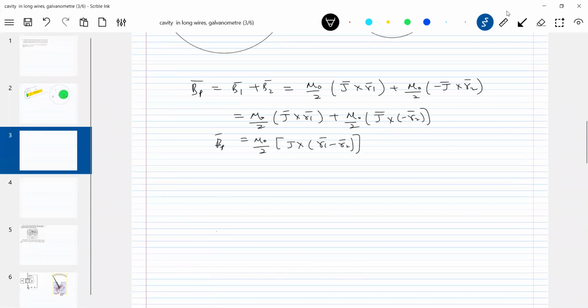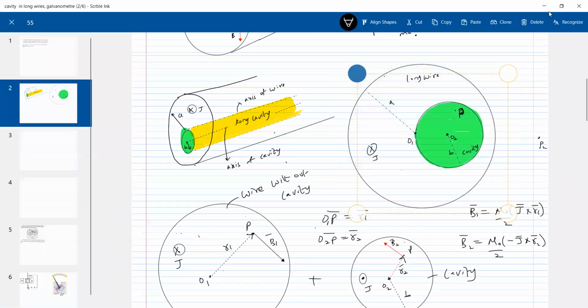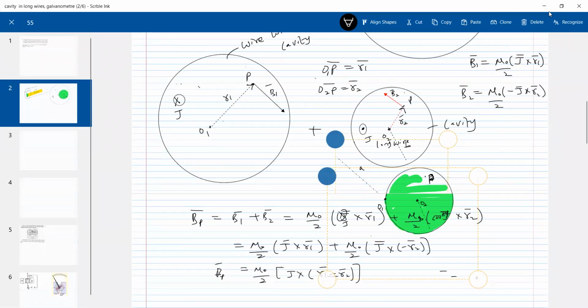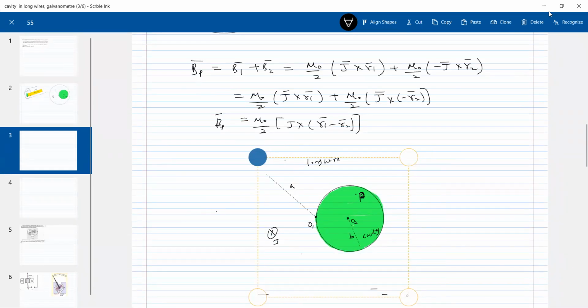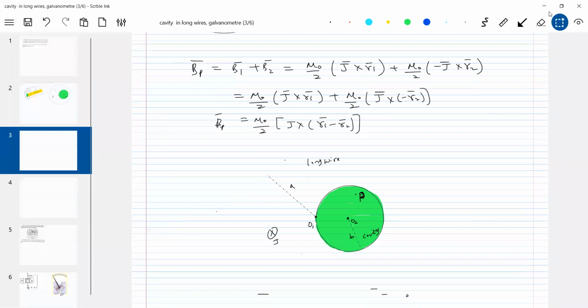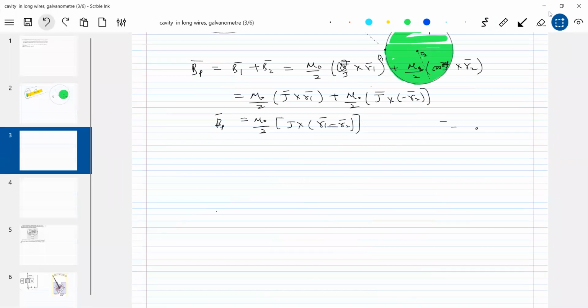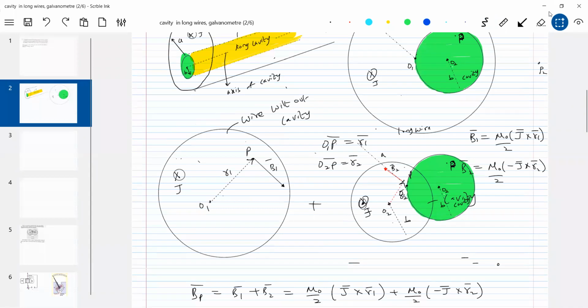So if I take this one, where's the circle gone?